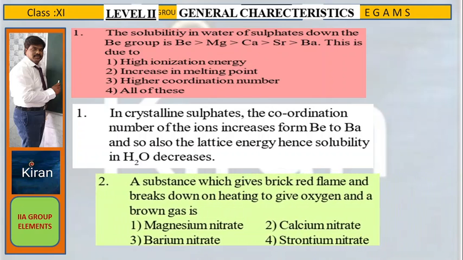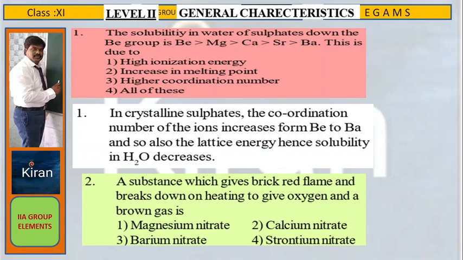A substance which gives a brick red flame and breaks down on heating to give oxygen and a brown gas is magnesium nitrate, calcium nitrate, barium nitrate or strontium nitrate. Among these, which is the right option? Yes, calcium nitrate. The second option is the right option.